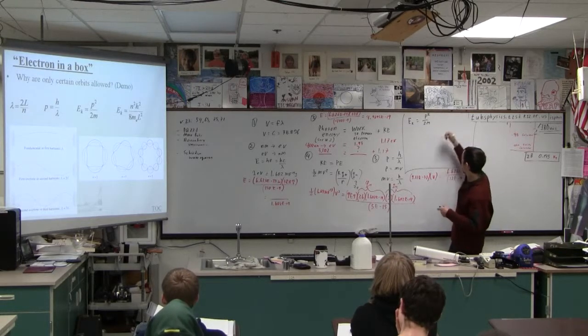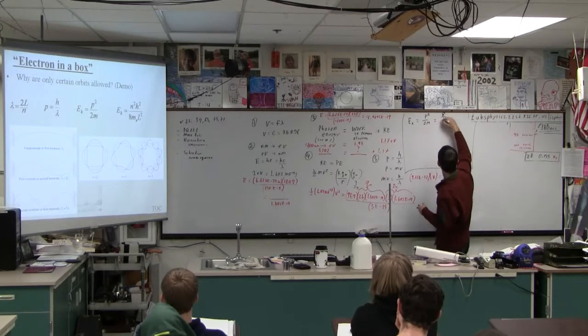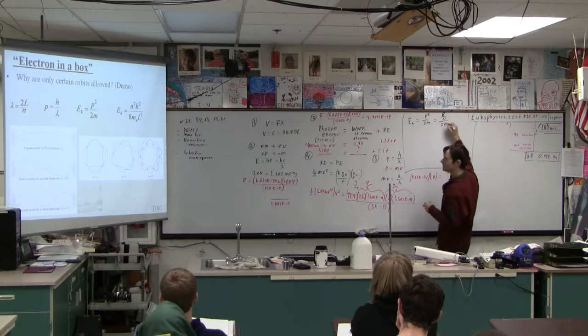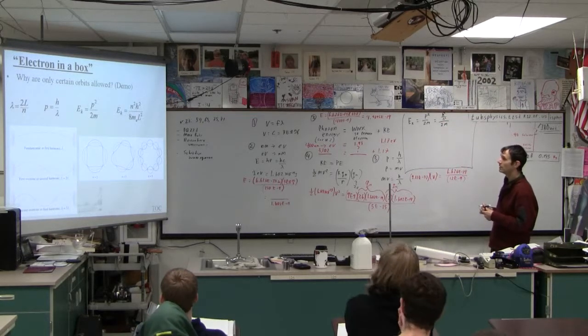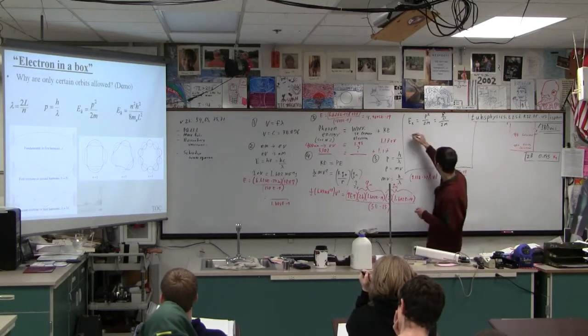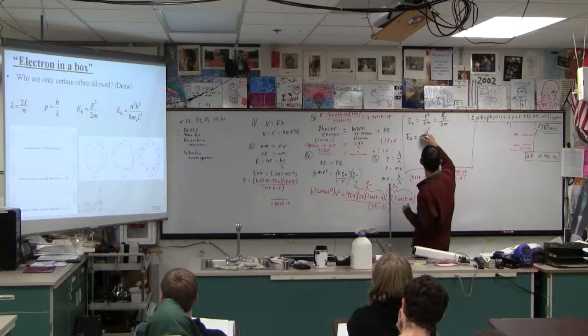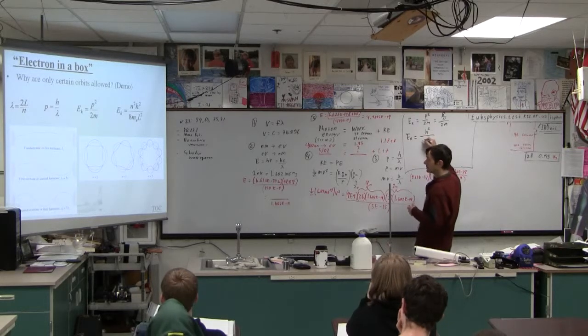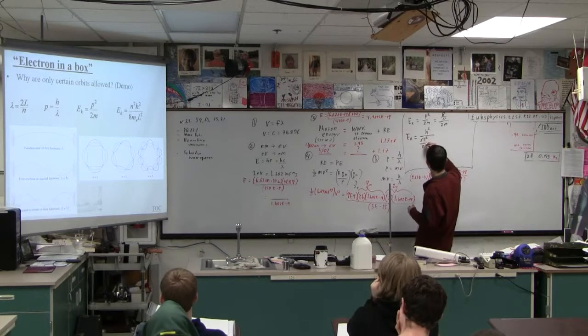And then momentum, wouldn't that be h squared over lambda squared over 2m? I'm just substituting p as h over lambda, right? And then obviously we can make this a lot messier. Ek is h squared over, and then lambda is 2 squared L squared over n squared, times 2m.